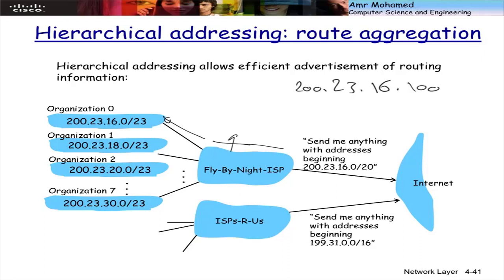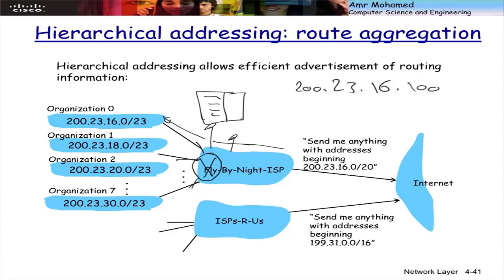So inside the router here, there is a router here, you need to have a routing table that has all these subnets, and the next hop or the port that the packet should go to. So that makes sense.